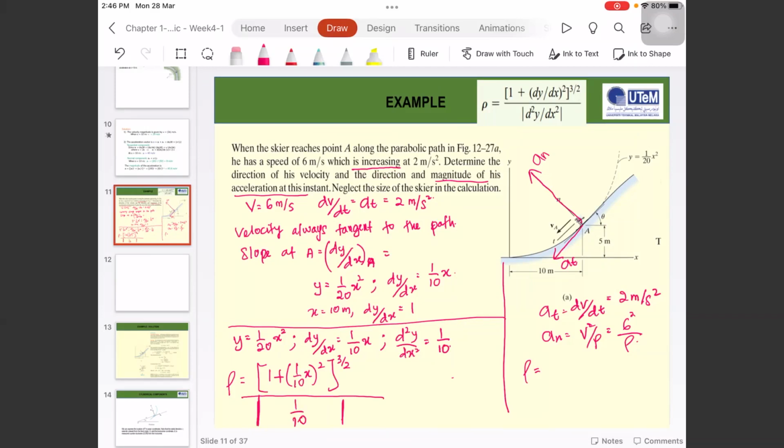Gunakan equation yang ini untuk mencari rho.